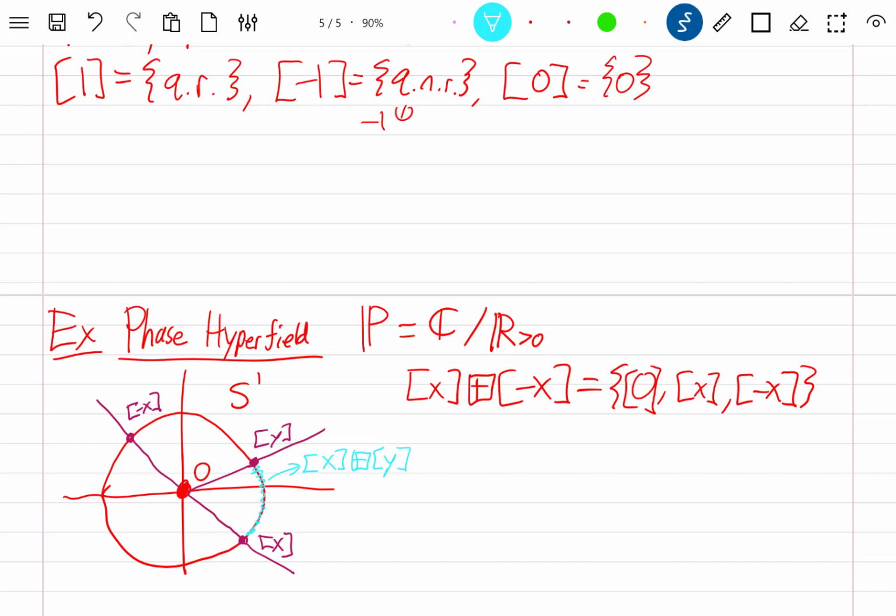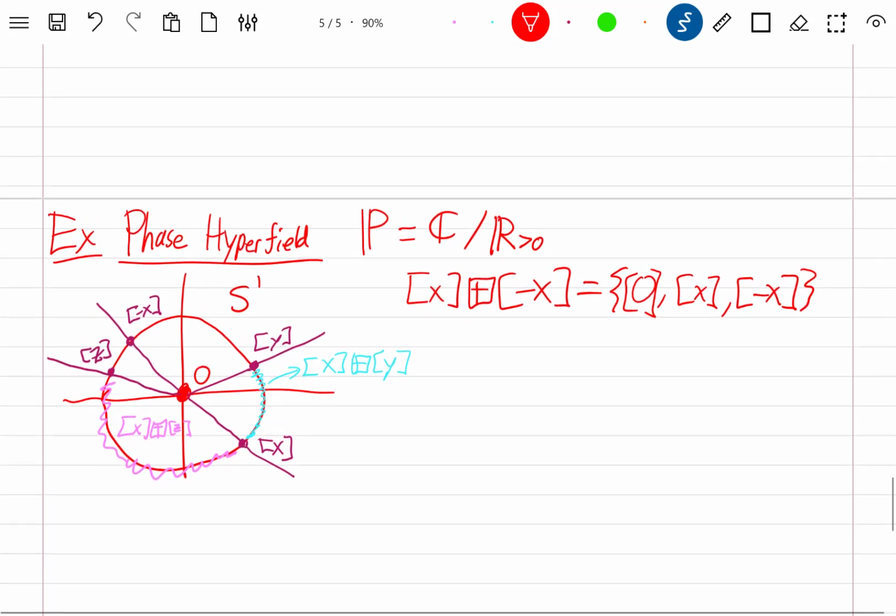But then what would happen if I chose something, say, right here? If this here is z, you just have to choose the smaller of the two arcs. So this would then be x plus z. And so this is the phase hyperfield.